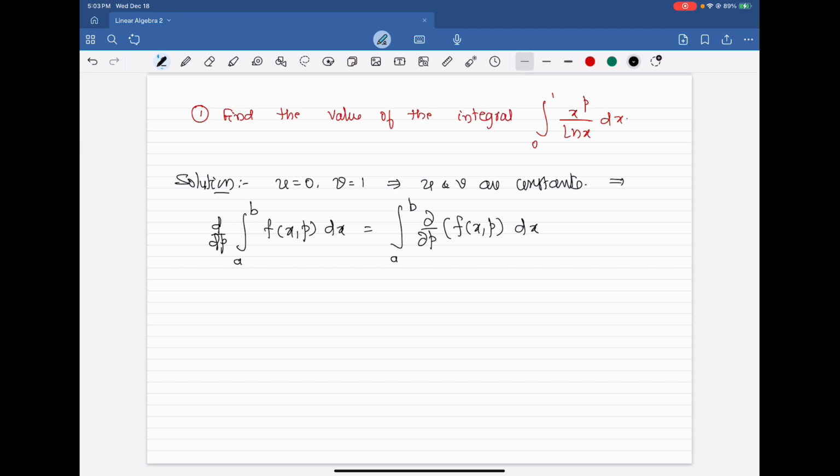Now here, left hand side, this is the Leibnitz rule. Left hand side, for the time being, let us forget.